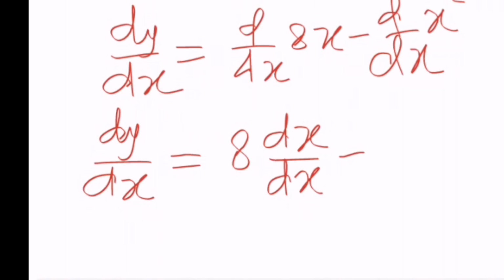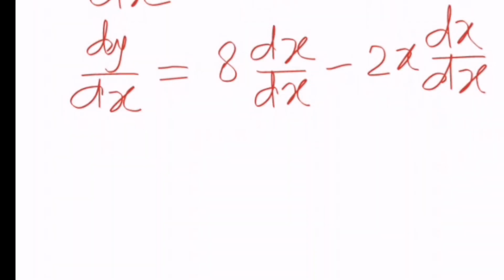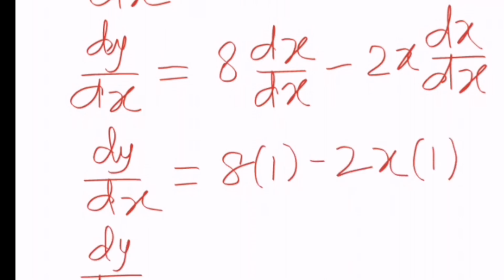The derivative of x squared is 2x dx by dx, using the power rule of the derivative. Then dy by dx is equal to 8 into dx by dx, which is 1, minus 2x dx by dx, which is 1 again. Dy by dx finally has this form: 8 minus 2x.